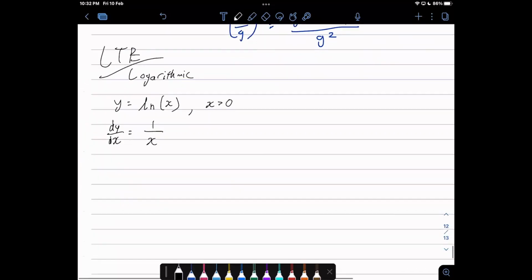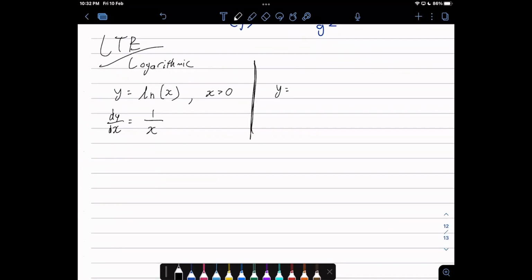But what if I upgrade now to y equals ln of 3x plus 7? Then what is dy by dx? It will be 1 over whatever was in between the brackets, so 3x plus 7. Just now I also did 1 over whatever was in between the brackets.